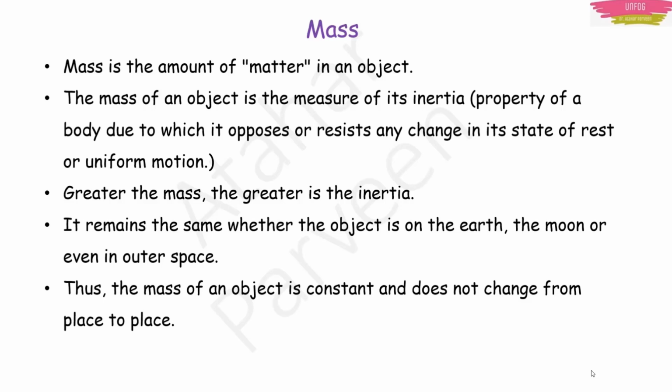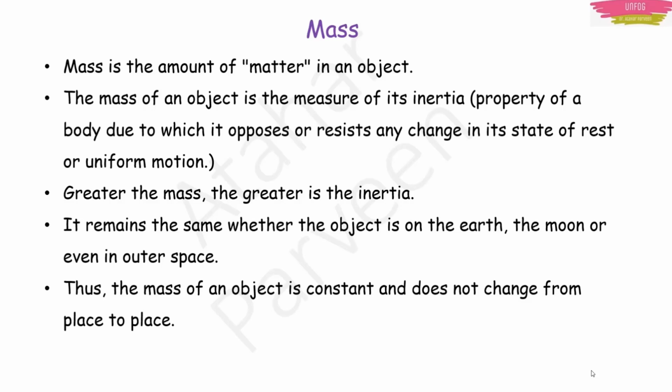But because the driver applied the brake on the bus, it forced you to stop. That is known as inertia. So the mass of an object is the measure of its inertia. Greater the mass, greater is the inertia. And mass will remain the same on Earth, Moon, outer space or anywhere. Mass is not at all going to change because it depends on inertia. That's all.